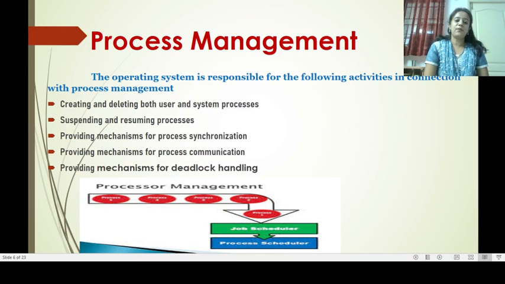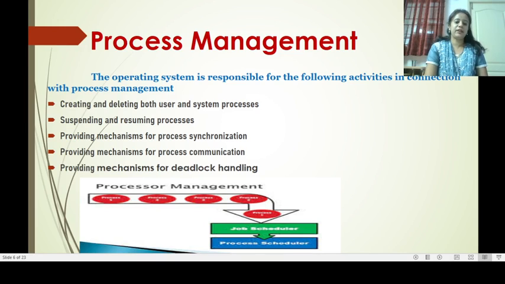There should be proper synchronization between the processes. For example, during online reservation, the same ticket should not be allocated to two persons at the same time. To avoid such a situation, process synchronization plays a vital role in the operating system.